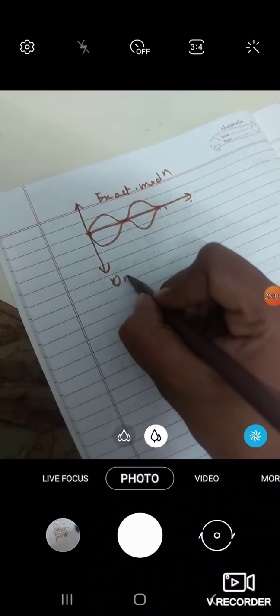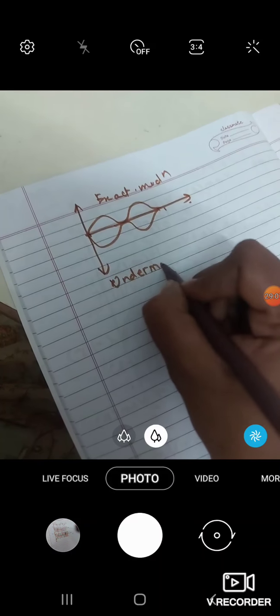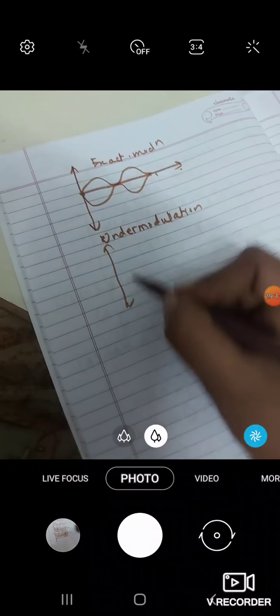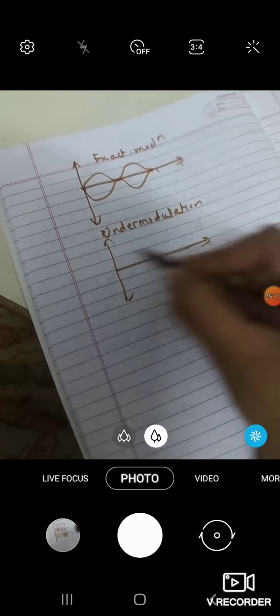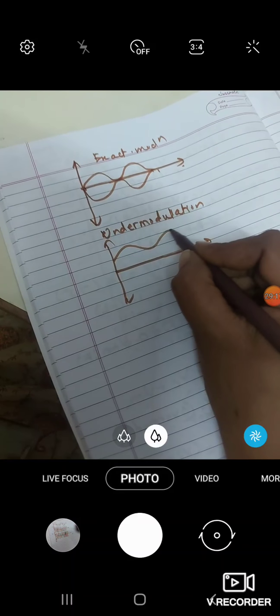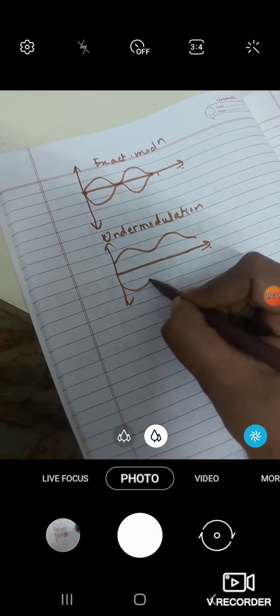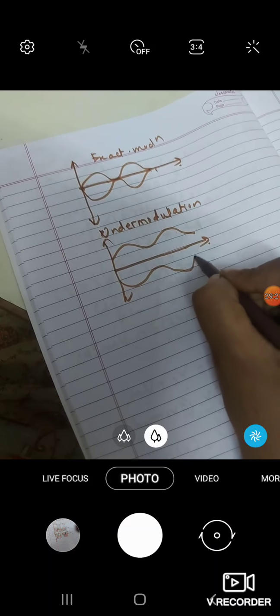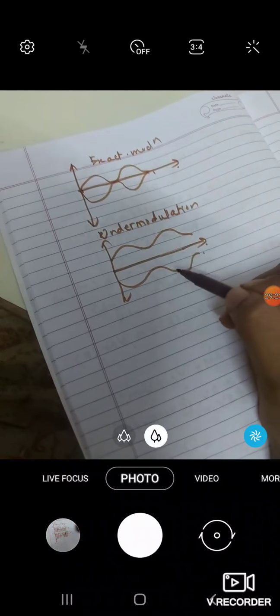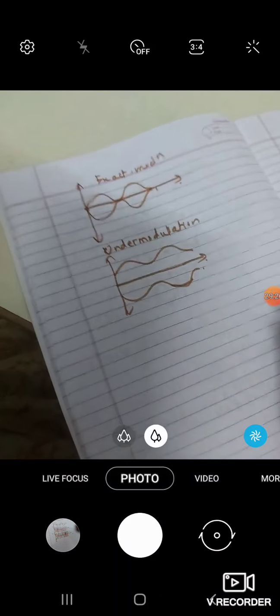This is the graph of exact modulation. How is it for under modulation? In case of under modulation, it is like this. They have some distance from the x-axis. This is the graph for under modulation.